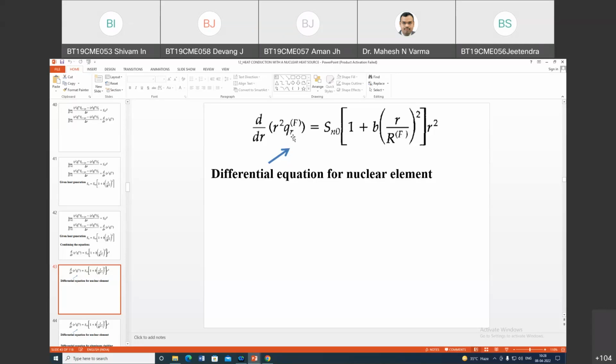Momentum flux will be replaced by mass flux, by heat flux. Temperature will be replaced by concentration, by velocity. Here, instead of concentration C, we are using mole fraction. Otherwise, it is no different. These three areas are no different.